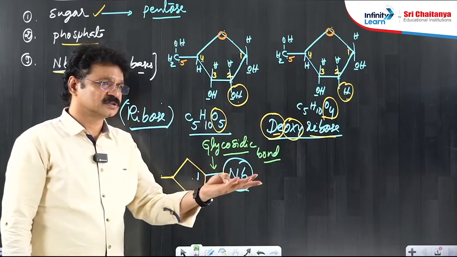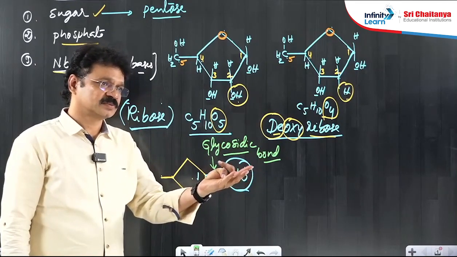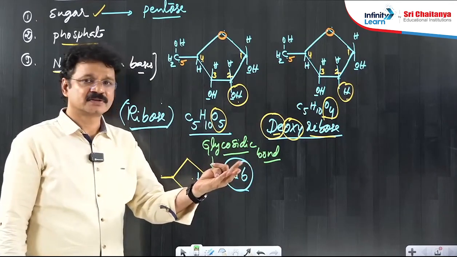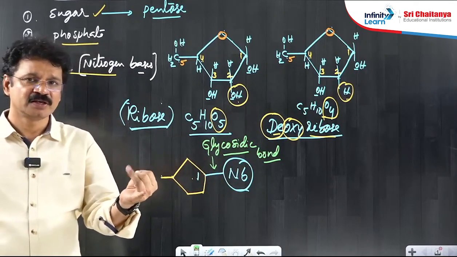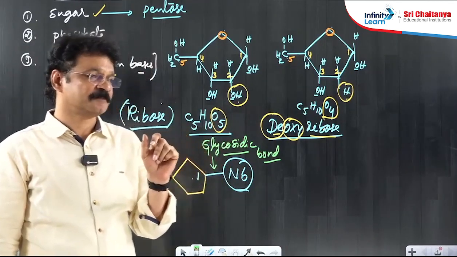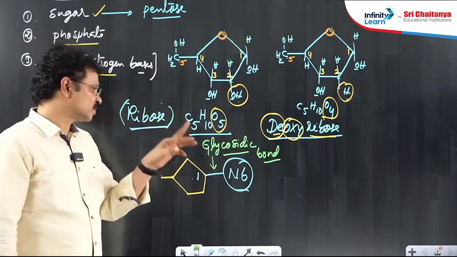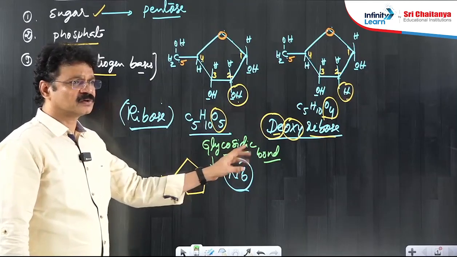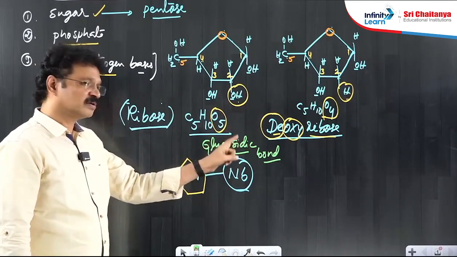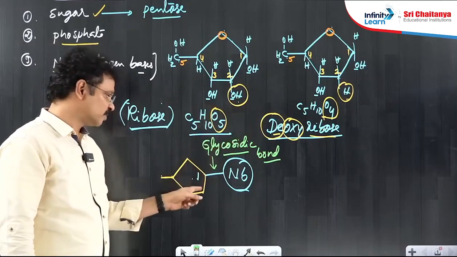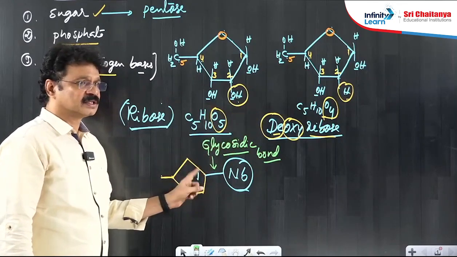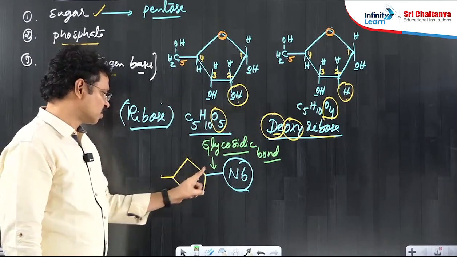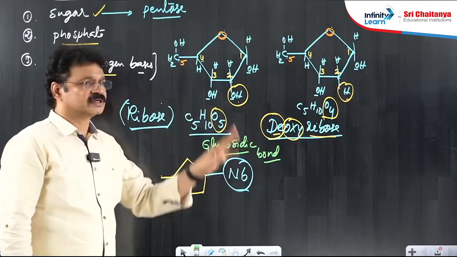Cellulose is a polymer of glucose. Starch, polymer of glucose. Glycogen, polymer of glucose. Inulin is a polymer of fructose molecules. Such glucoses or fructoses are linked with one another by forming glycosidic bonds. So the glycosidic bond is not only found in polysaccharides, but also in nucleic acids. The bond present between sugar molecule and nitrogen base is the glycosidic bond.